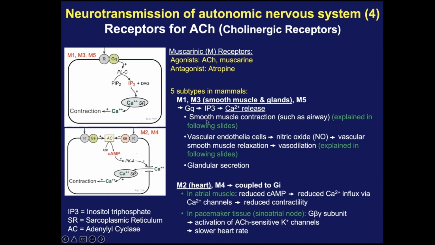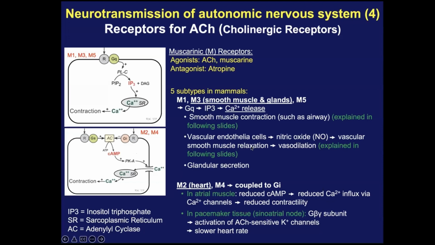In the smooth muscle, for example, in the airway, increased calcium will cause a contraction of the cells, which we'll see the details in the next slide. In the blood vessel, when the M3 receptor is activated, the calcium release from the SR will increase the nitric oxide, or NO, production from the endothelial cells.